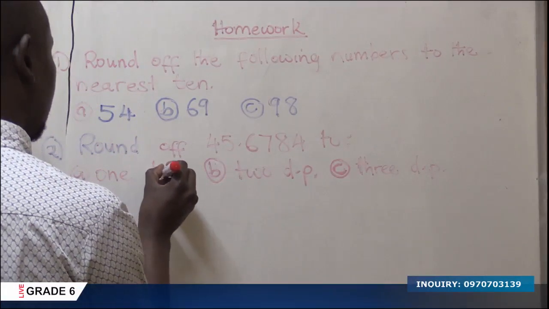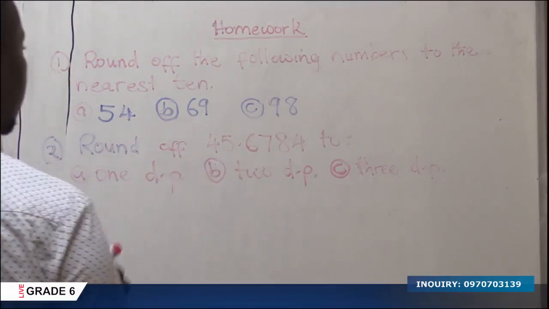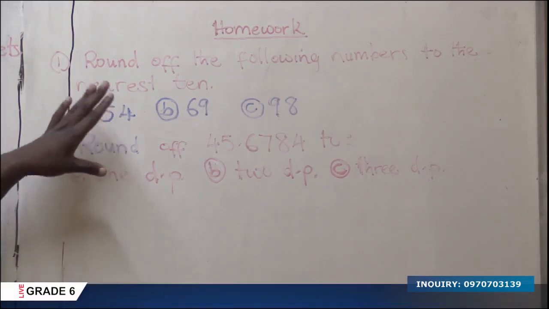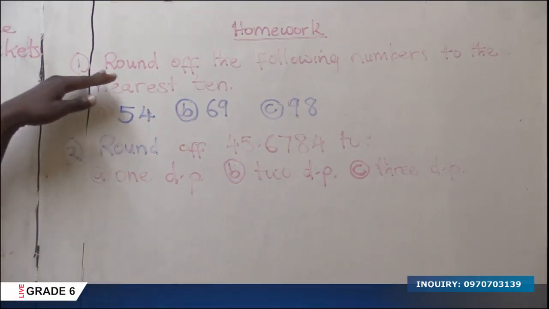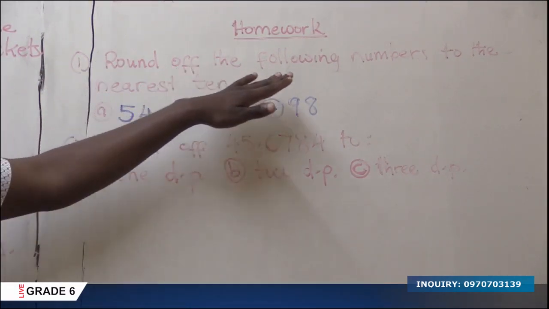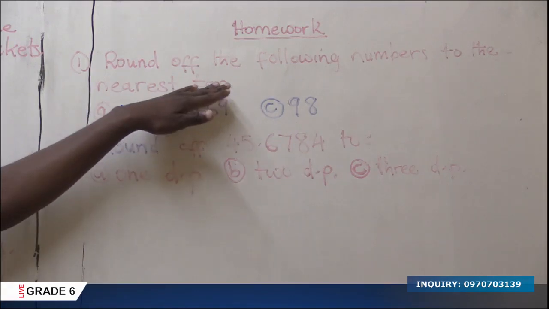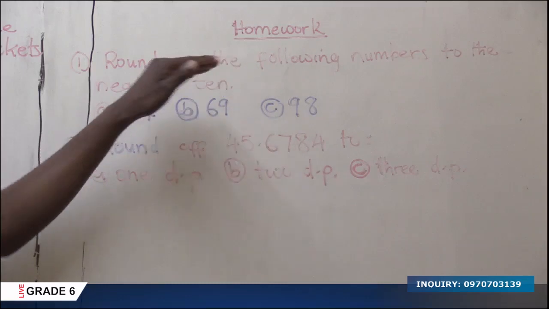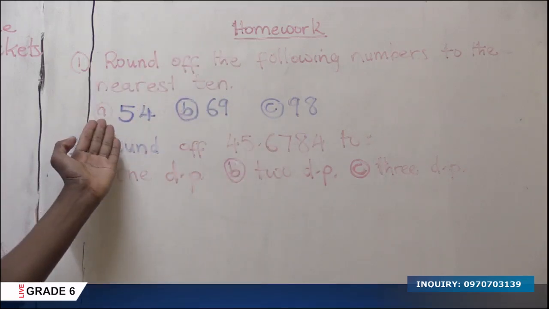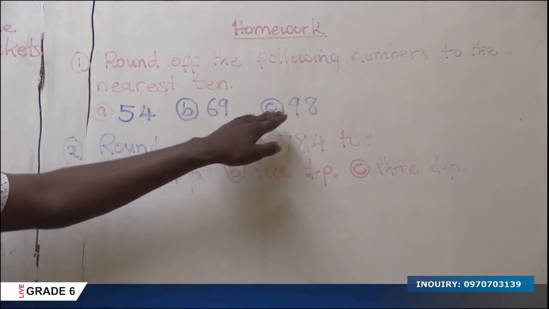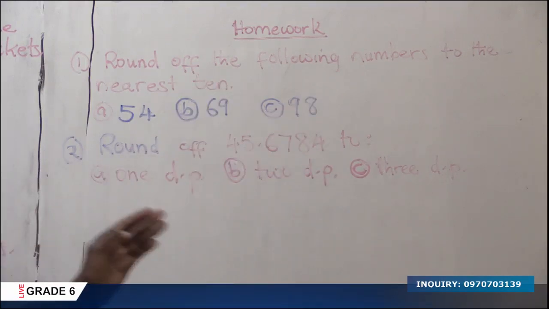Okay, decimal place again. All right, so I can read for you, for those who can't see properly. Number 1 says, round off the following numbers to the nearest 10. A 54, B 69, C 98.